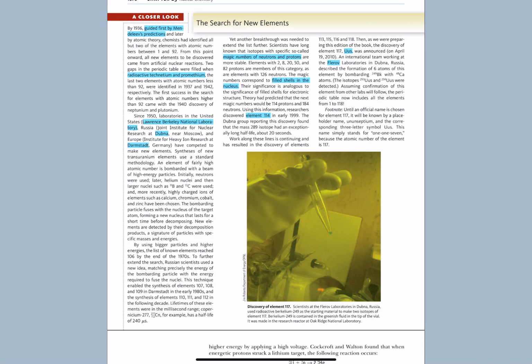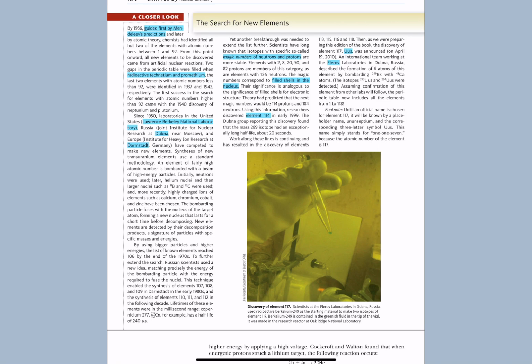A lot of this work was done at the Lawrence Livermore Laboratory in Berkeley, California, University of California, Berkeley. We have a particle accelerator there. There's one in Dubna, which is near Moscow. There's another one in Darmstadt in Germany. And Japan has recently added one as well, if I remember correctly.